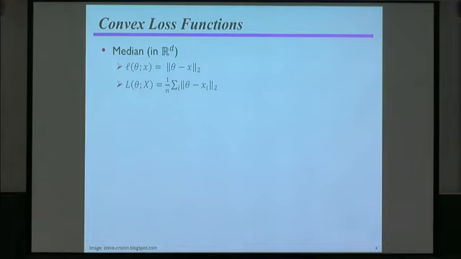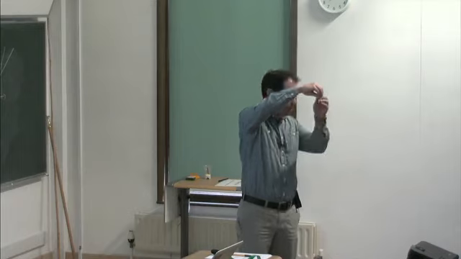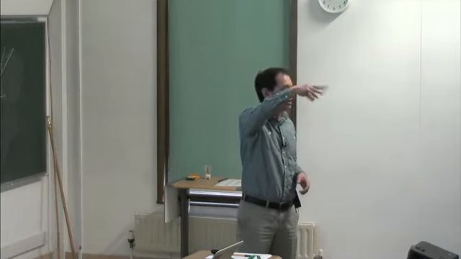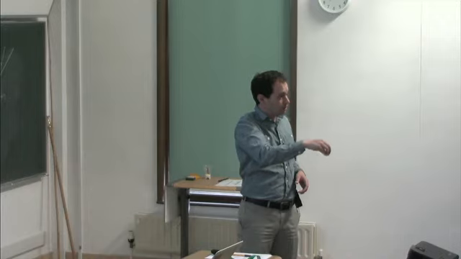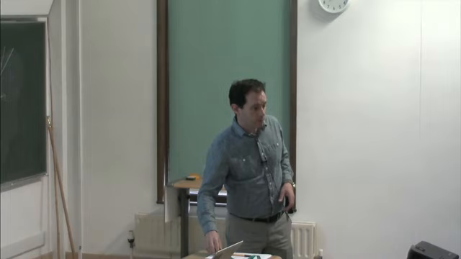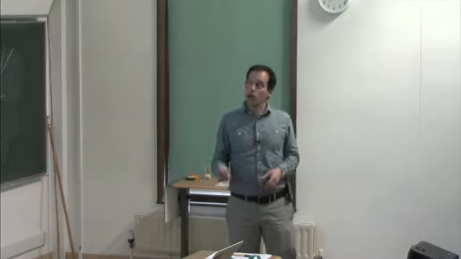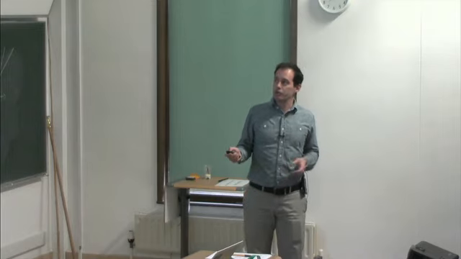If I were to take a flat table and drill a hole at the location of each of my data points, and take n strings that are tied together in one knot, drop a string through each of the holes, attach a weight to each string, and then let go of the knot, where the knot would stop is this median. The median should be L1. Well, this is the Euclidean median.